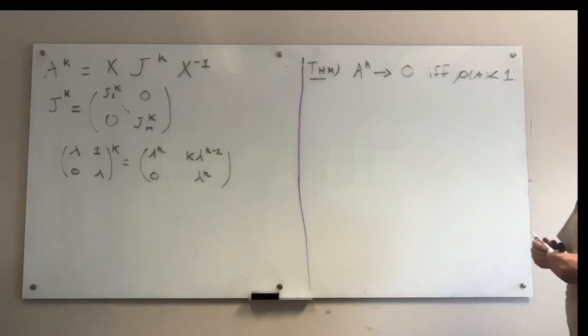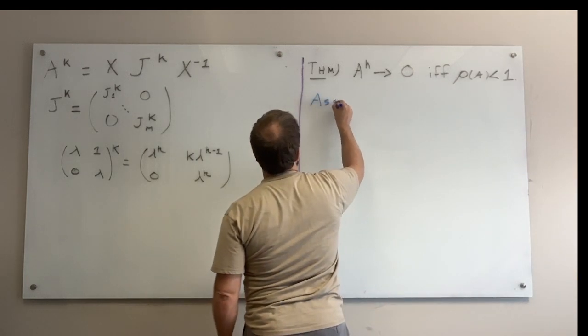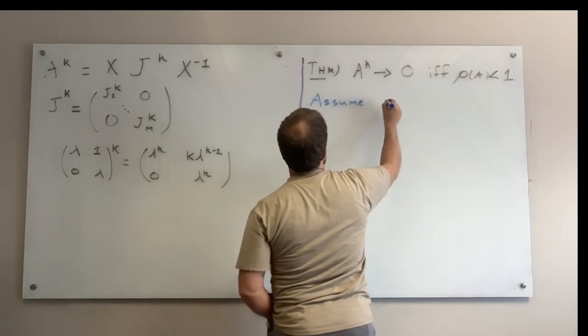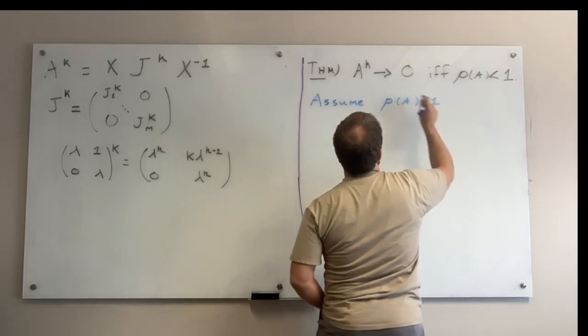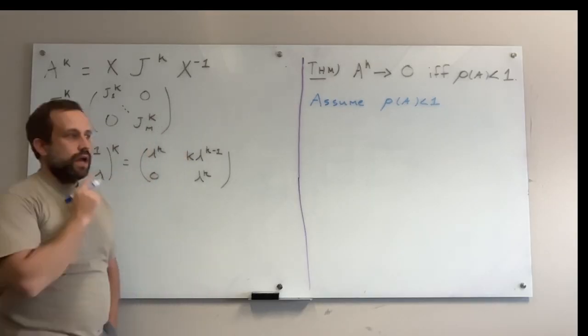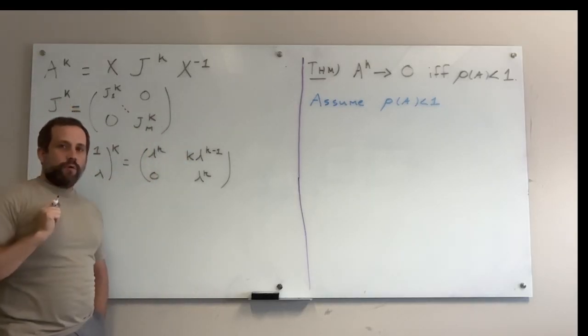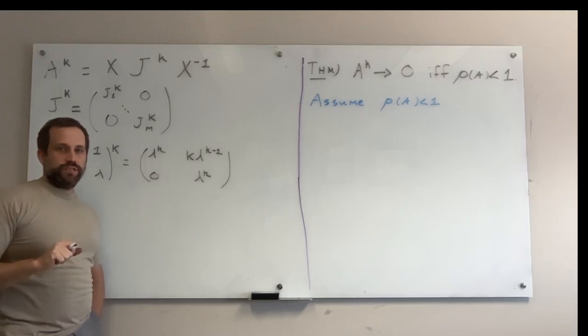That is, I'm going to assume that rho of A is less than 1, and I'm going to prove that the matrix converges to 0. And really when I say I'm going to prove this, I mean something more like I'm going to give a convincing argument for why this is true.